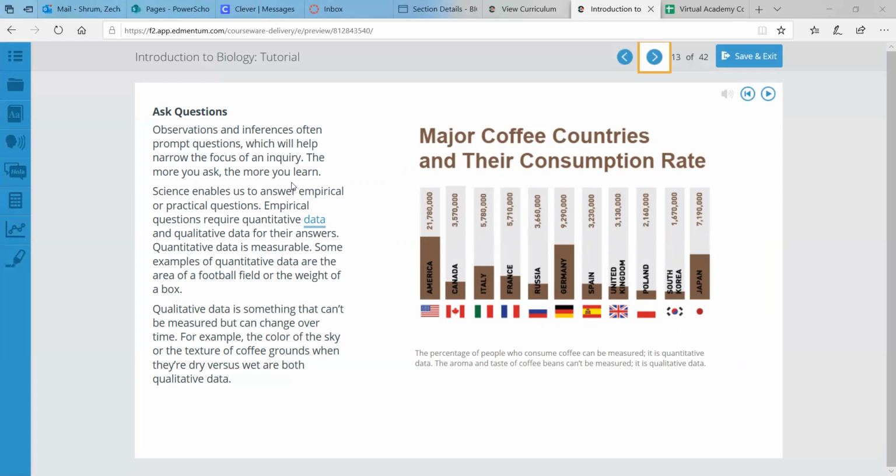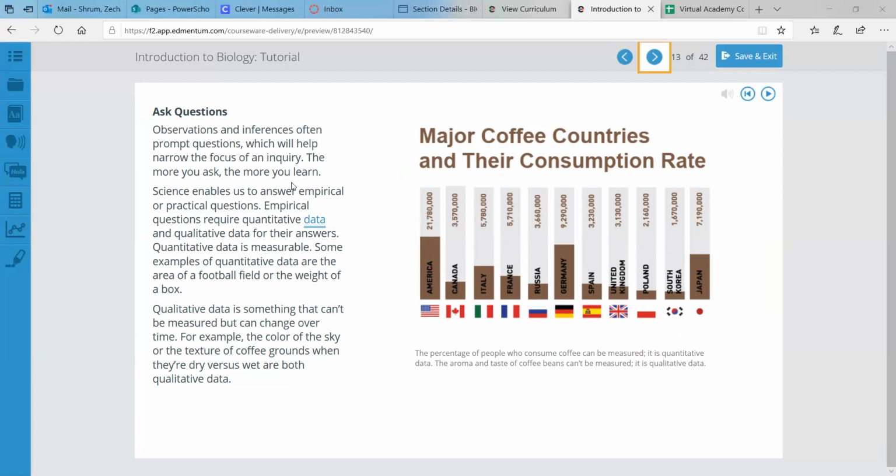Quantitative data is measurable. Think of how long a football field is, or how much a box weighs, or how much coffee is in a mug, right? You can measure it.